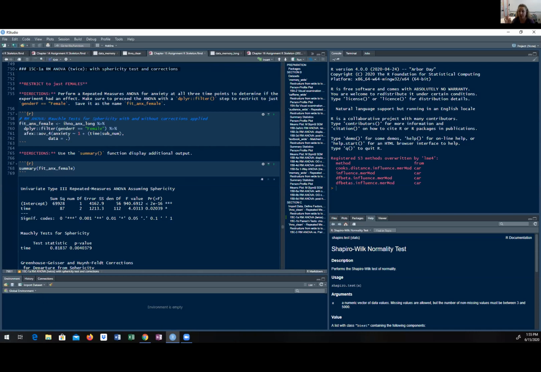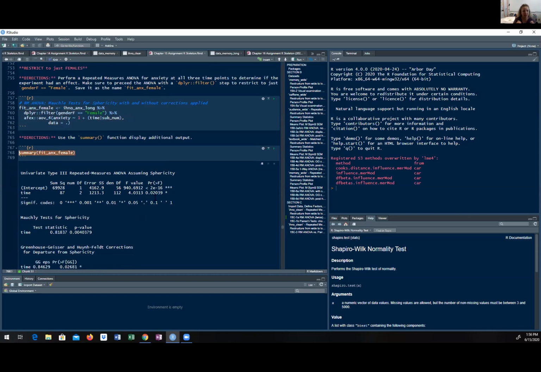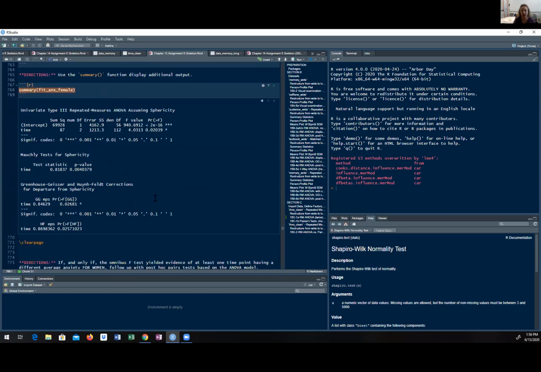So it's got anxiety being modeled as tilde 1 for no independent groups, and then inside the parentheses, time is repeated on subject. So we have anxiety at different times per subject. When you do summary of the name of the output, this gives you 3 basic chunks of output.